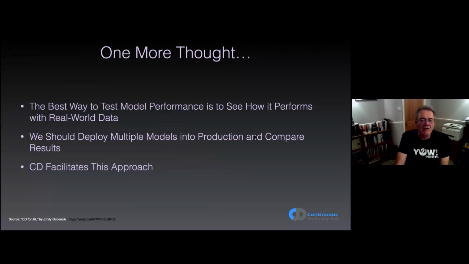And that would be a more effective way of working. We should be thinking about doing things like deploying multiple models in production and comparing the results between different models in production with real-world data. And that's what we would call A/B testing in other scenarios, and continuous delivery is kind of table stakes for that kind of thing. We need that kind of regularity and maintenance to be able to do this.